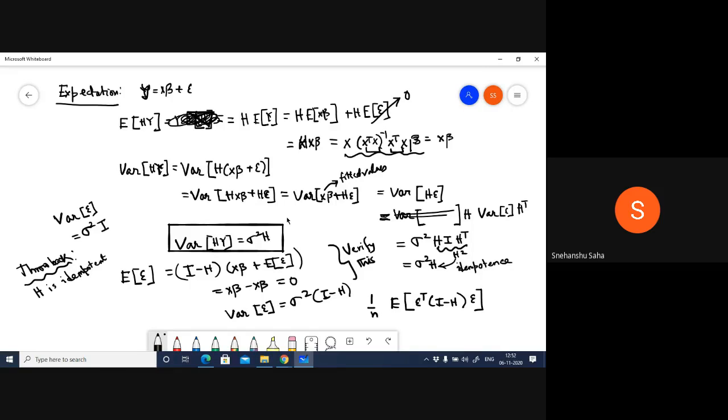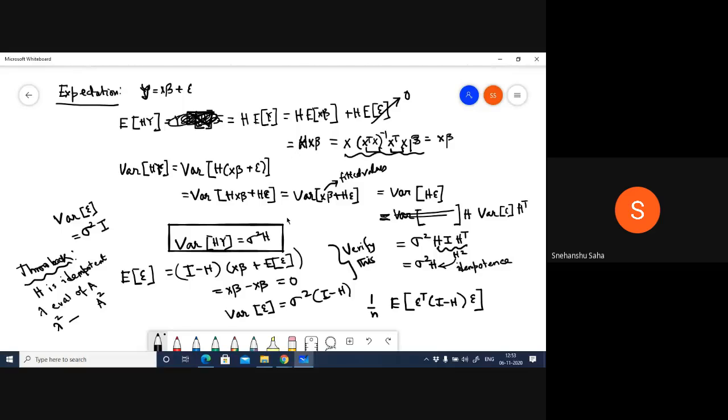Let's say my H is idempotent, right? Then the characteristic values of H... and if you recall a result that if lambda is an eigenvalue of A, then lambda square will be an eigenvalue of A square.